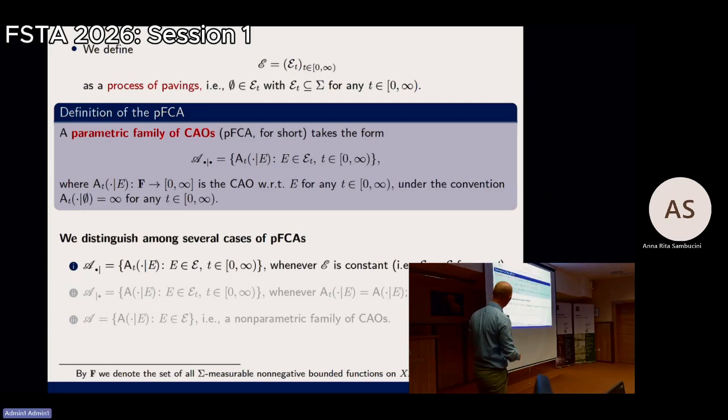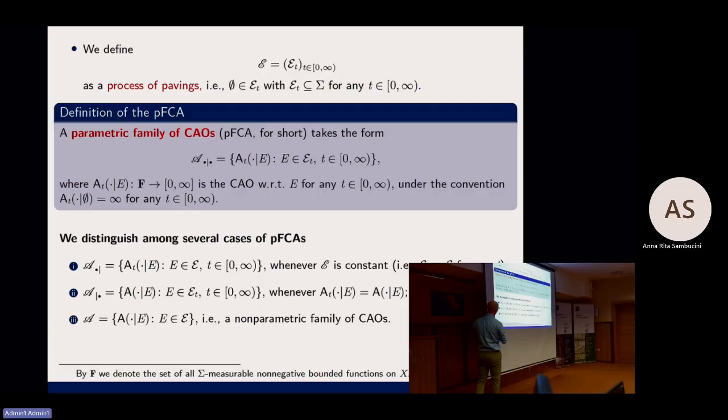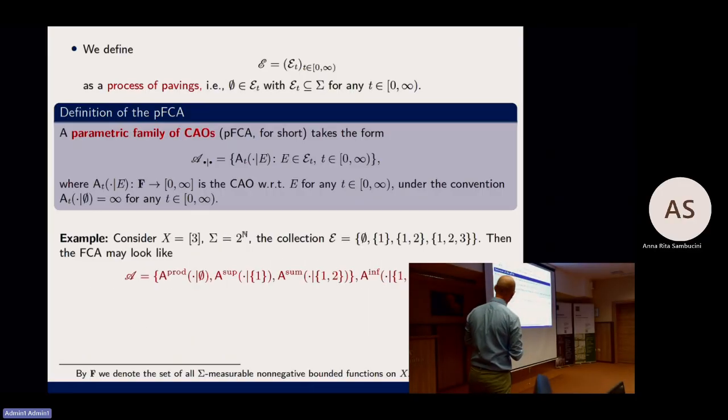And we distinguish several cases of parametric families. If the bullet is in the first place, then the parameter is here and the collection is constant. If the bullet is in the second place, then the parameter is on the collection and not on the aggregation side. And if there is no bullet, then it is a non-parametric family of conditional aggregation operators.